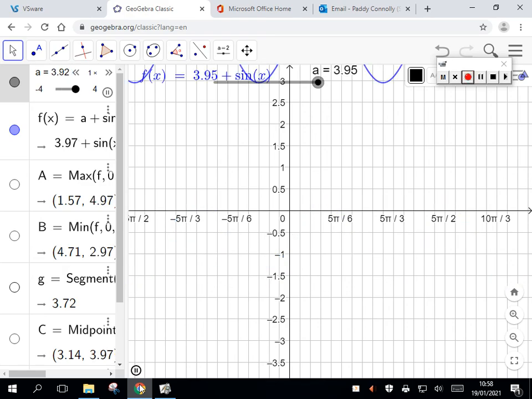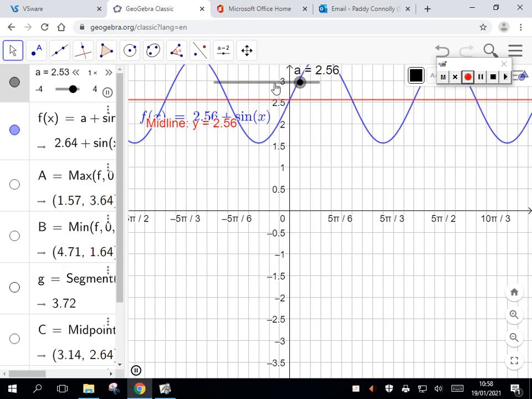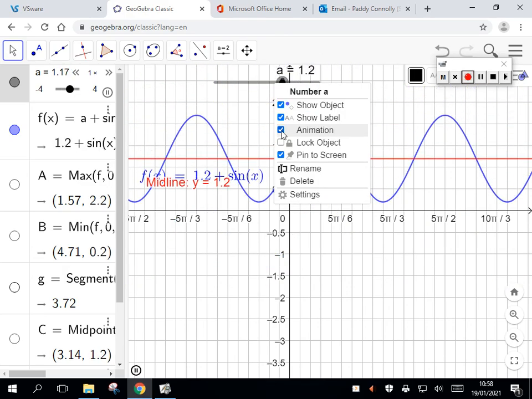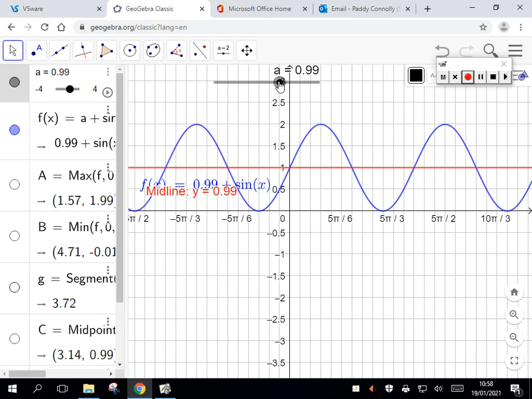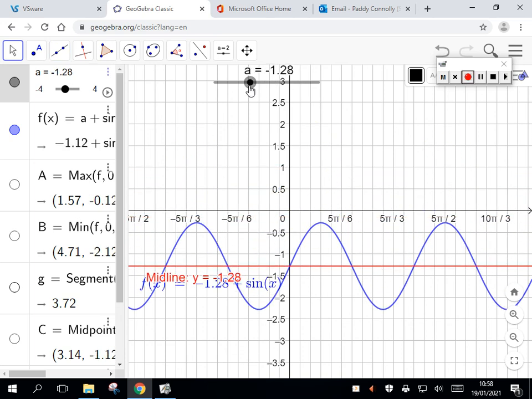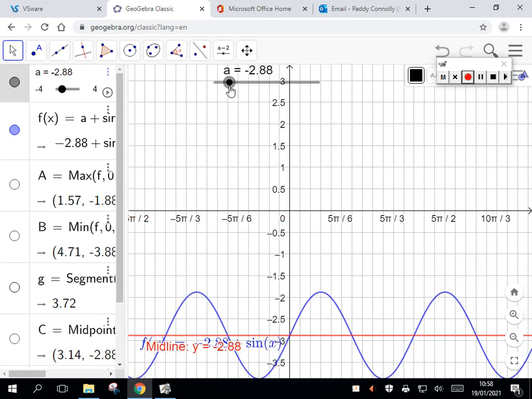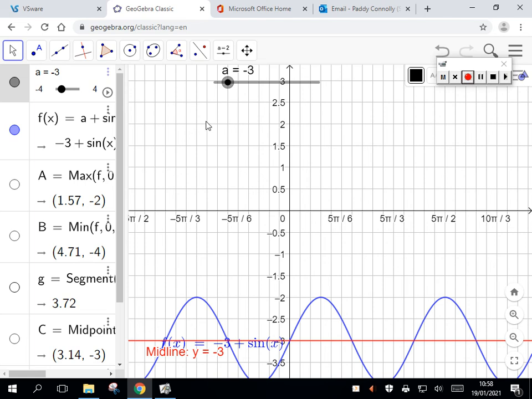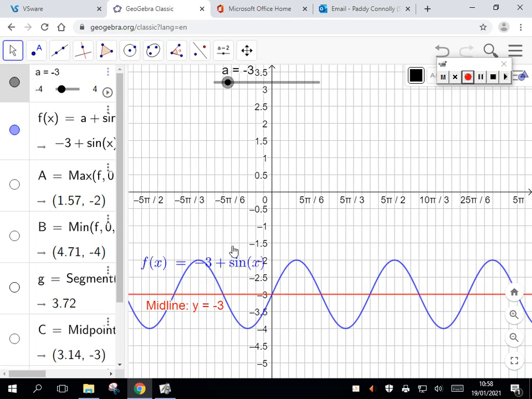Again, check that out. Let me freeze that at the place where a is equal to -3, and you'll see that nice and clearly. So there's my function, -3 plus sine of x. You can see the midline there, y equals -3. That red line, every point on the red line has a y coordinate of -3.